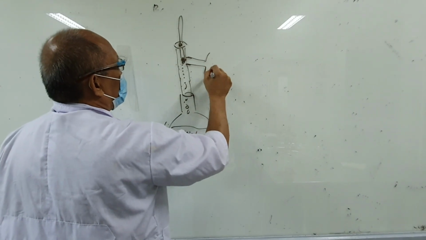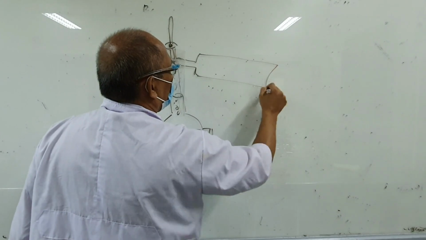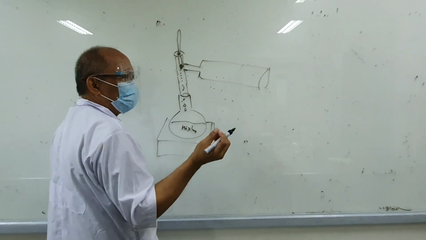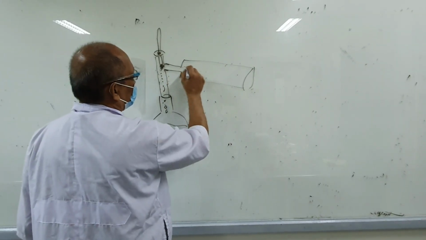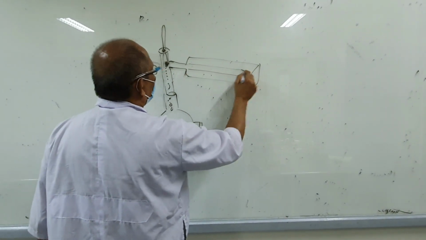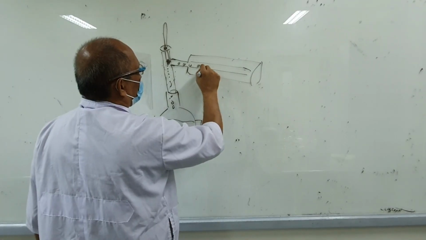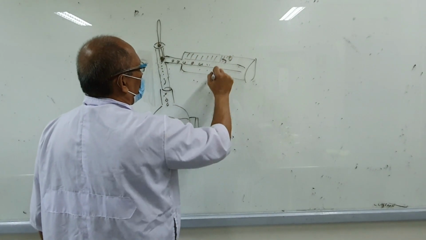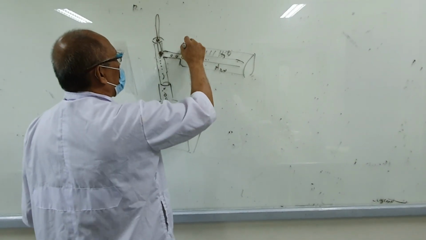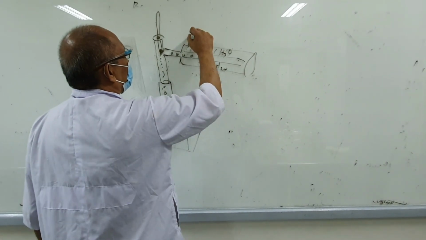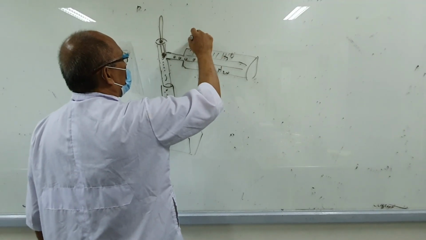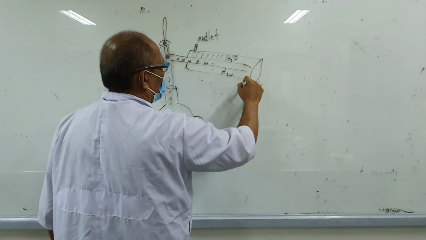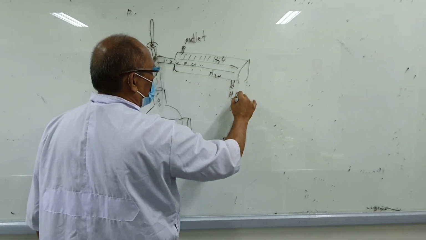So you have the condenser. A condenser is composed of two glass tubings. This is where the vapor will liquefy. Outside here, you have the coolant, which is water, and there is an inlet, outlet, and the water inlet.